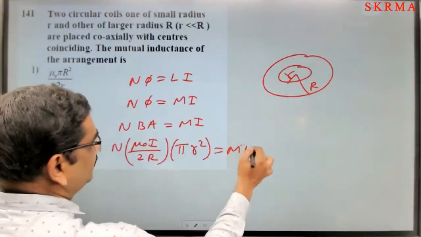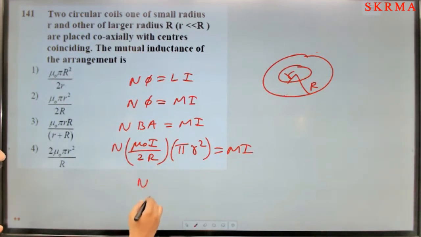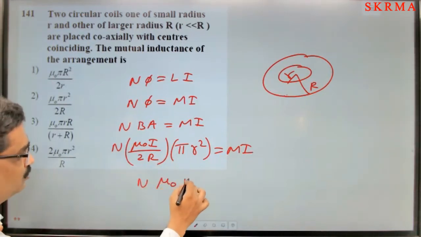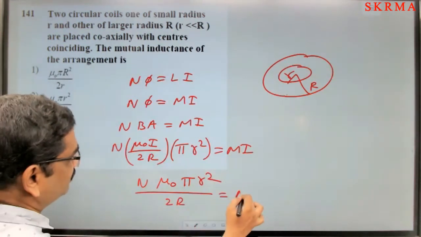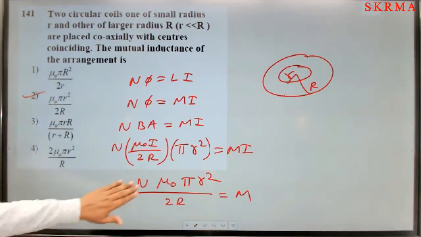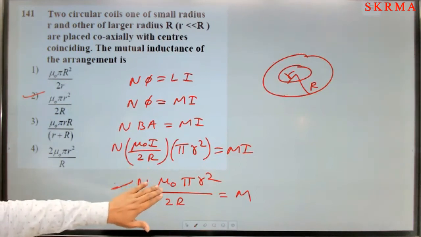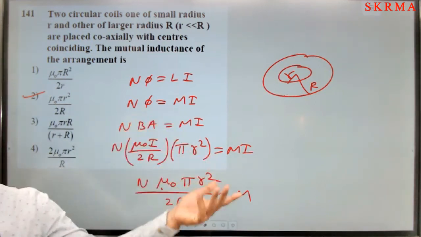So cancel I on both sides. Then N into mu naught into pi r square by 2R equal to M. If the number of turns is not there, just remove that N. So M is mu naught into pi r square by 2R. The same formula we can apply for self-induction also, just replace M with L.